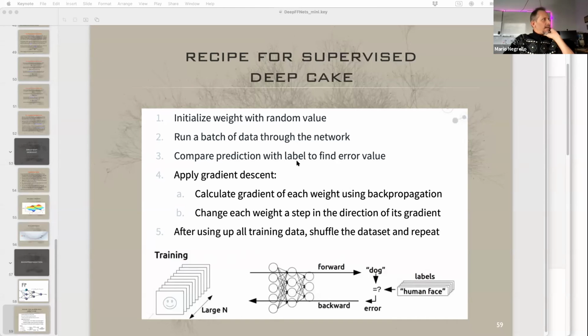Here it implies that you first run the data and compare the prediction with the label to find the entire error values. First, you do these two steps, and then you apply the gradient descent, right? Yeah, so at the end of each batch. It's a way of doing it.